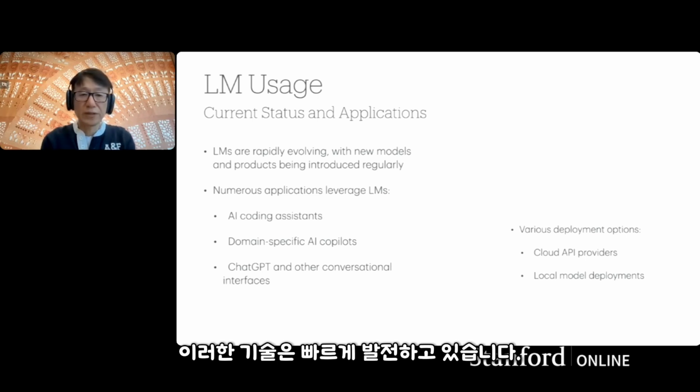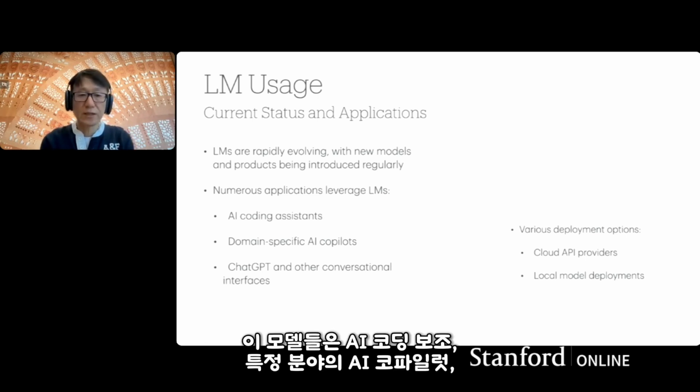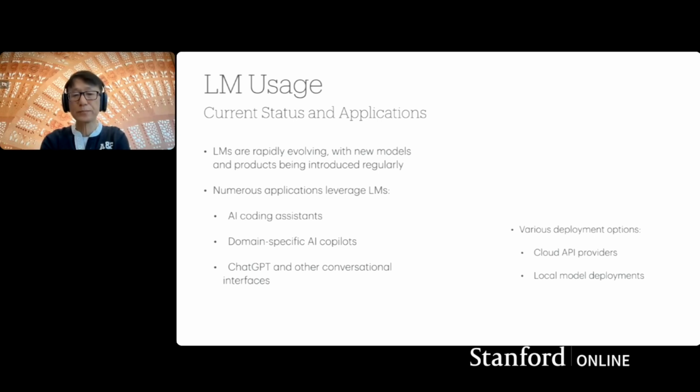So these are rapidly developing, and these models are used in various application domains that we use in day-to-day work, such as AI coding assistants or domain-specific AI copilots, or, most widely known, ChatGPT and related conversational interfaces.